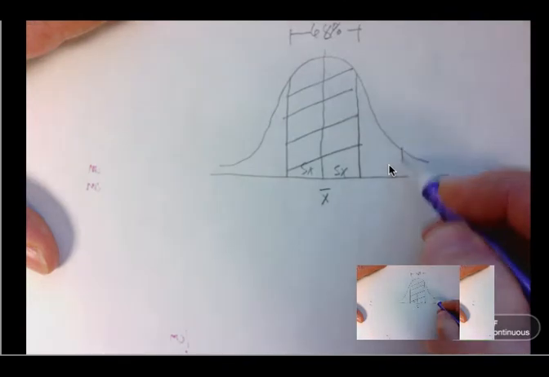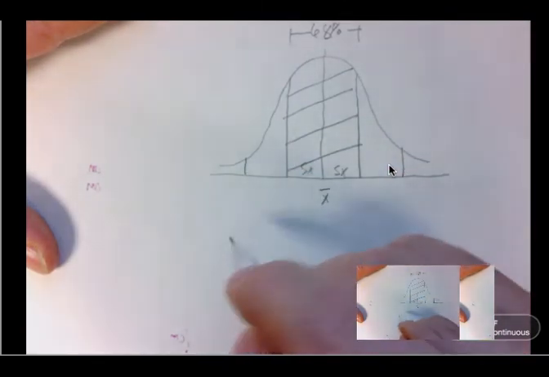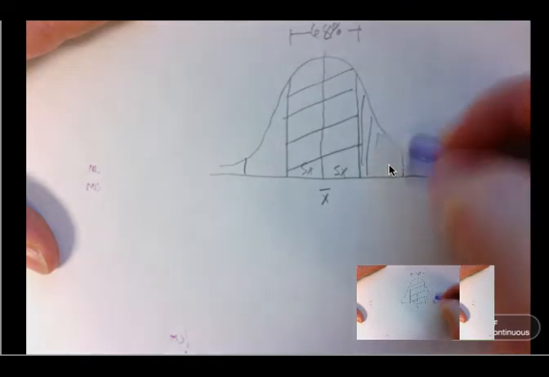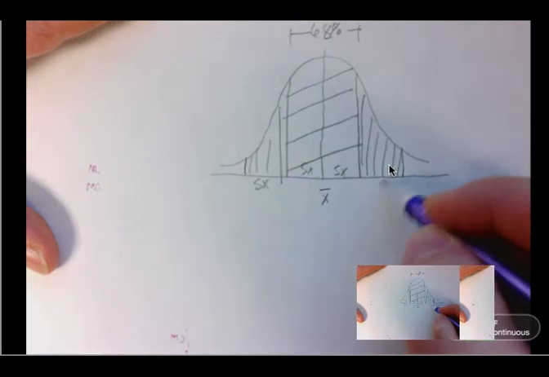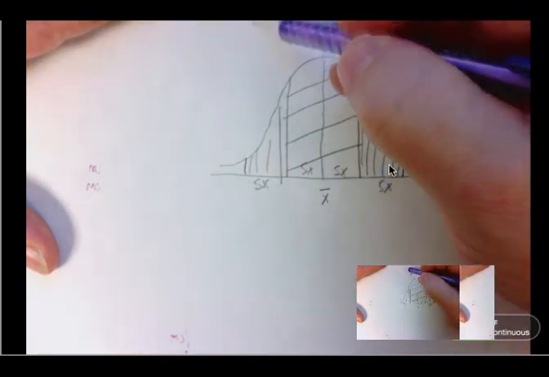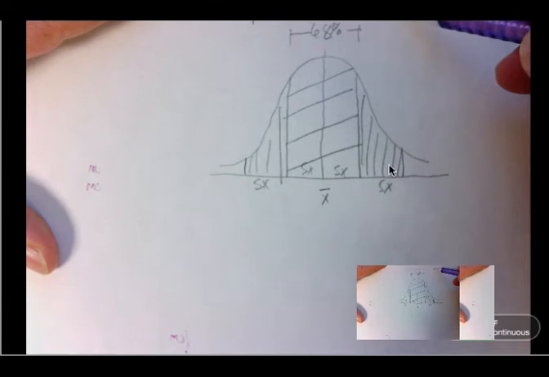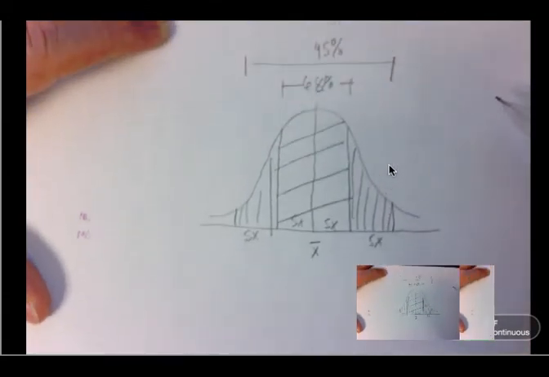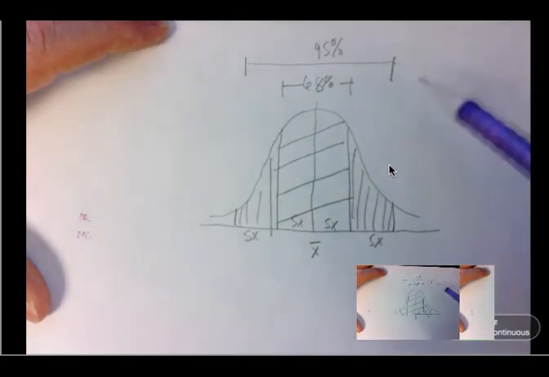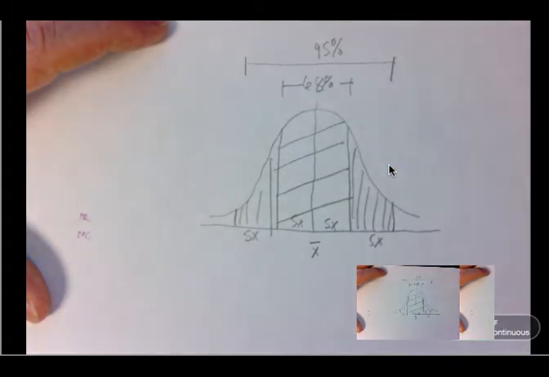If we go a second distance, second standard deviation, that is SX and that is SX, then that distance now represents 95%. And we could continue going outward and outward with more standard deviations. But the next one is 99%, and then it gets even more specific. But 2 standard deviations constitutes 95% of the data. 1 standard deviation is 68%.